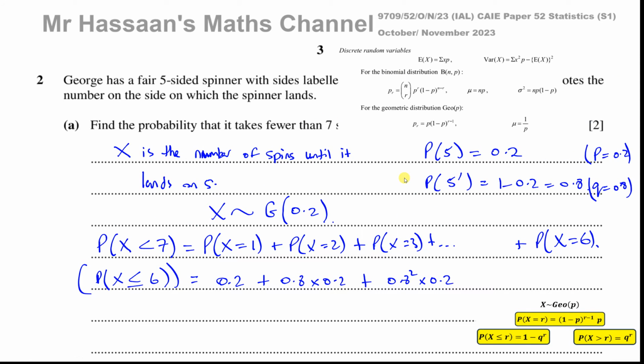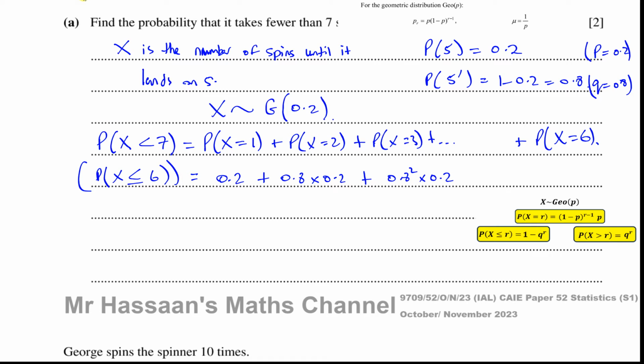In this type of question, it's not something we can really prove that easily just in this particular setting, but it's something that we should know: the probability of x being less than or equal to a certain value, which is 6, is going to be 1 minus the probability of failure, which is 0.8, to the power of that number of times. So this will give us the same answer as adding all of those separate probabilities together.